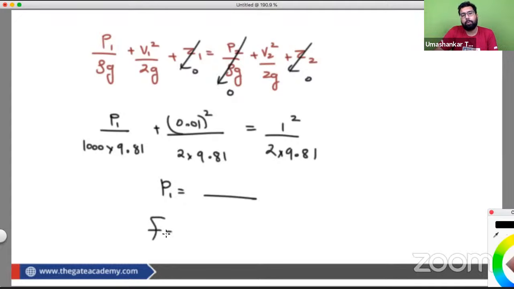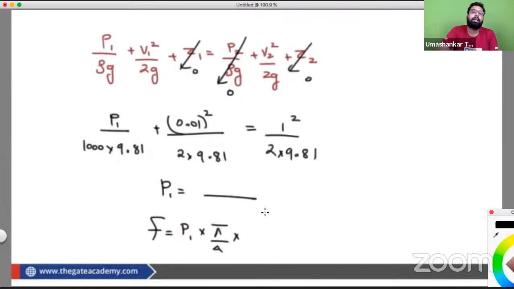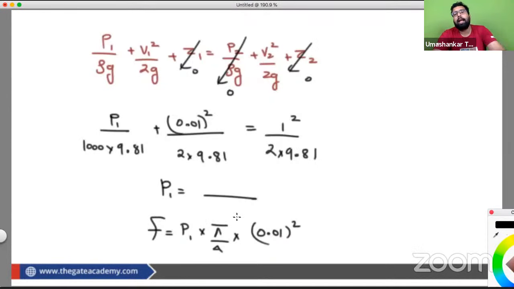And what is this force? It is going to be pi by 4 into, so what is the diameter here at the plunger? It is 10 mm, so it is 0.01 whole squared. Is it fine, beta? When you do it, you will get 0.04 Newton.